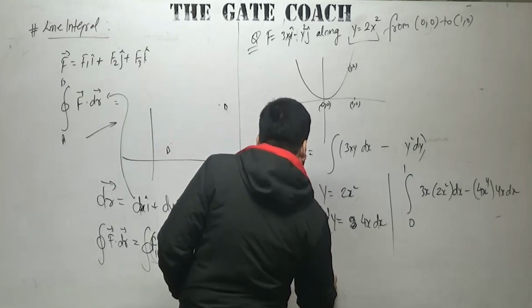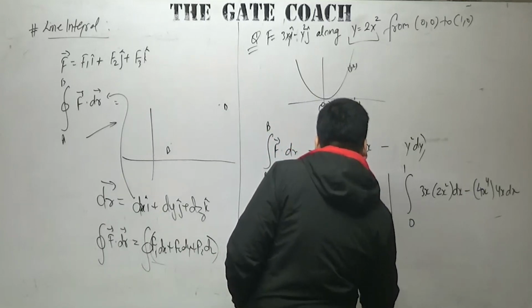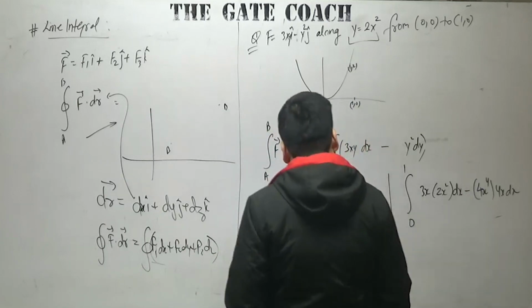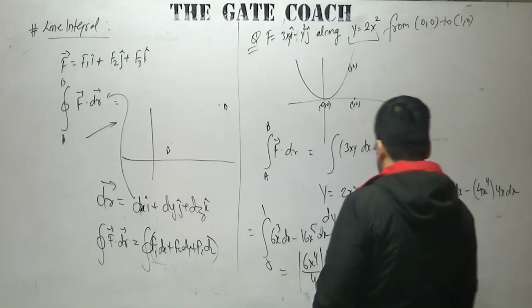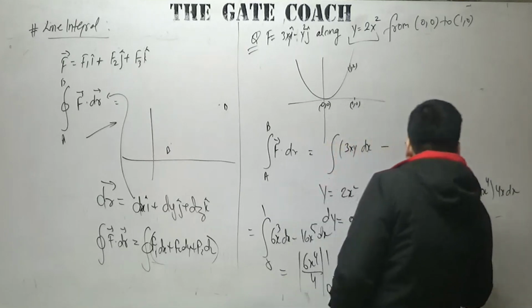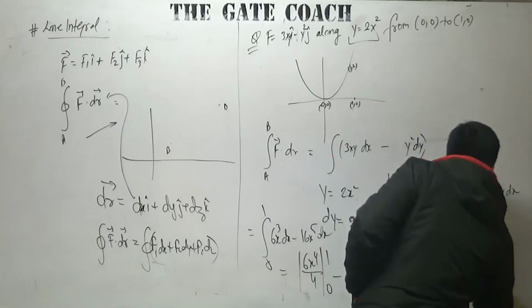Just now solve it. 6x raised to the power 4 upon 4 from 0 to 1, minus 16 x raised to the power 6 divided by 6 from 0 to 1. It will be equal to 6 by 4 minus 16 by 6. Let me take 12 as the LCM.